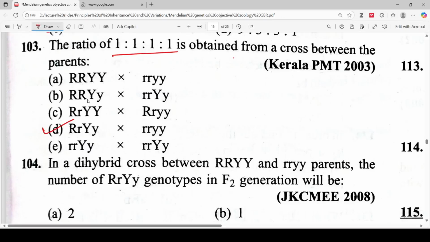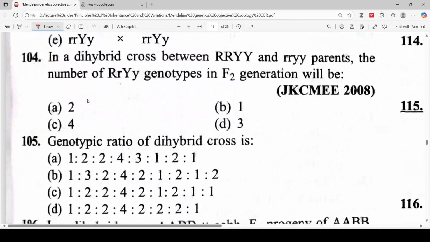D. Next question. In a dihybrid cross between parents, the number of the genotypes in the F2 generation will be option C.